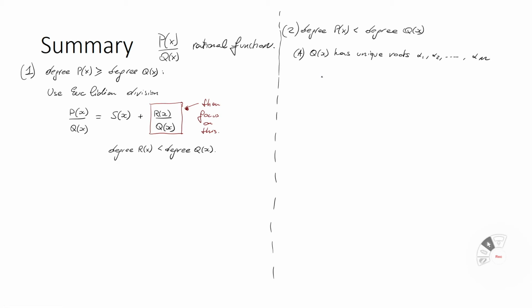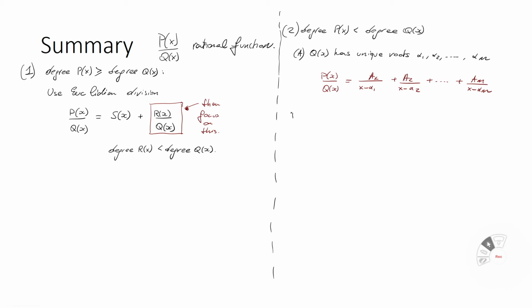And then the partial fraction expansion gives you a1 over x minus alpha 1 plus a2 over x minus alpha 2 plus and so on plus am over x minus alpha m.